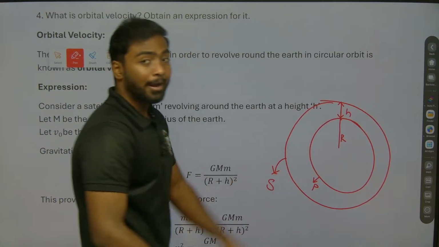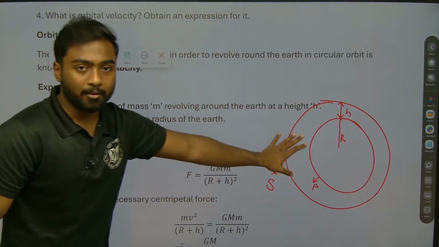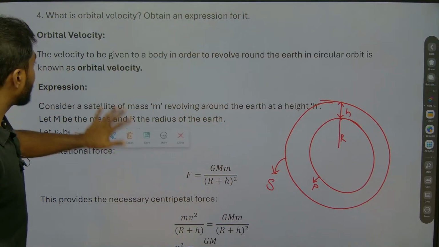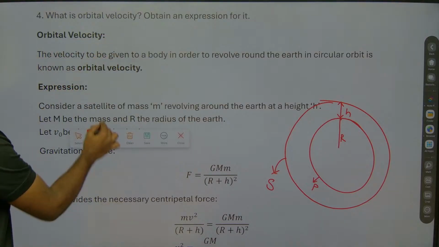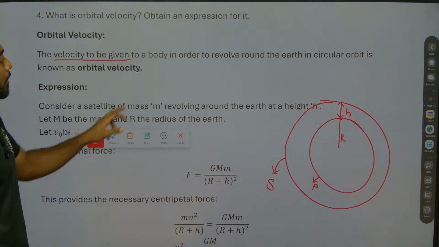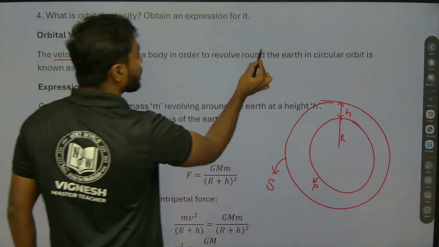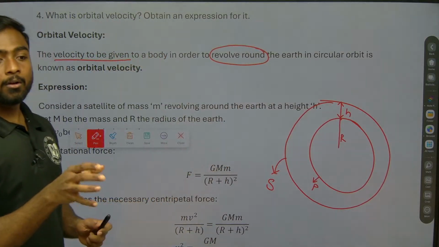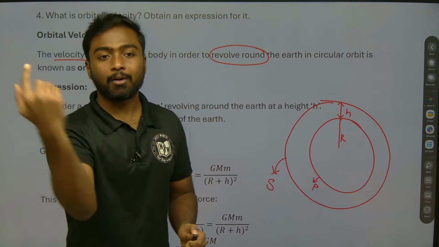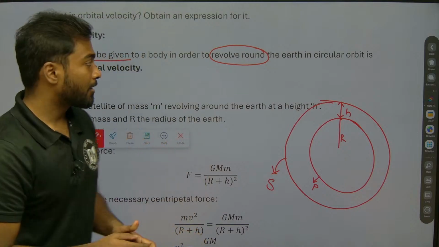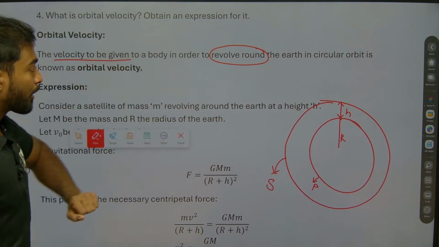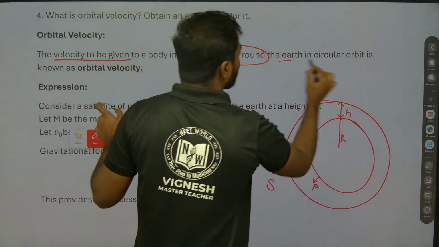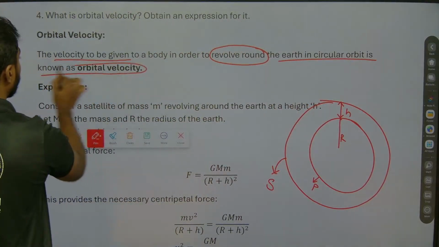Now we go for the orbital velocity. What is the meaning of that? The velocity to be given to a body in order to revolve. So we need some minimum velocity to revolve around the planets, right? That velocity in a circular orbit is known as orbital velocity.